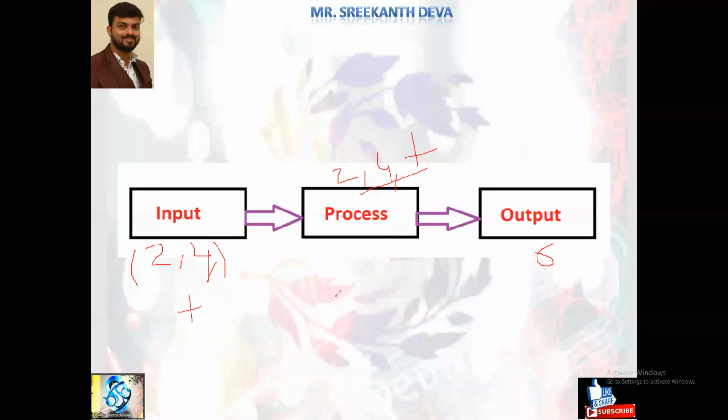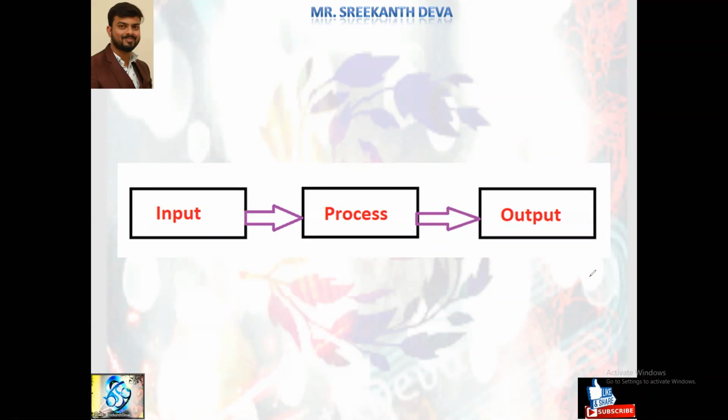The processor starts processing that instruction, and it generates what? Output as 6. See, this is the basic functionality done by the computer. But internally, whatever instructions you pass through the input devices, the machine always understands machine understandable language, or binary language, represented by zeros and ones.